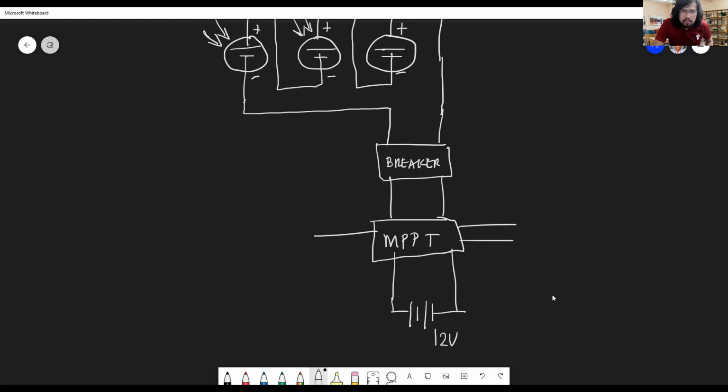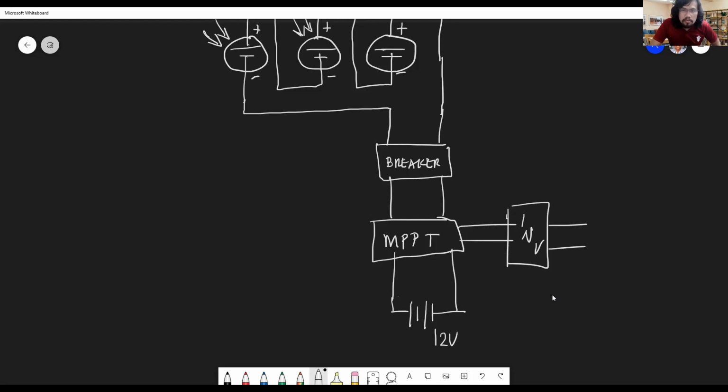Now this is connected also to the inverter before it gets to your branch circuit, to your appliance circuit or lighting load circuit.